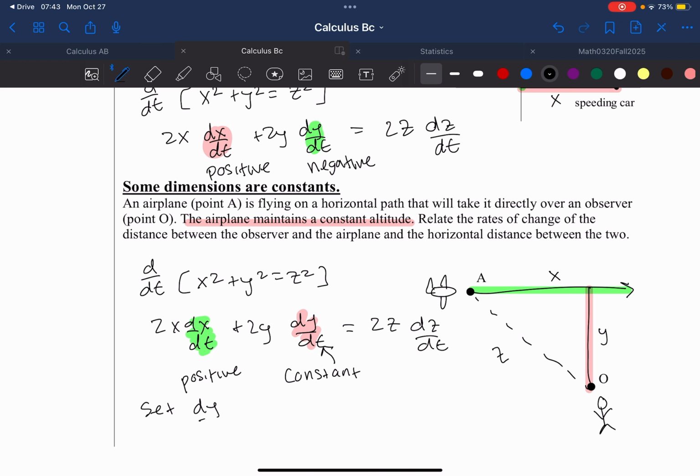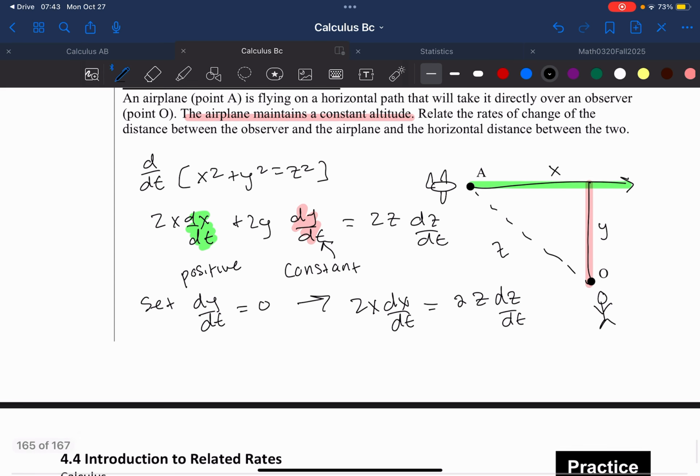So set dy dt equal to 0, which implies we have 2x dx dt is equal to 2z dz dt. And these would be how the rates would be related. So dx dt related to dz dt.